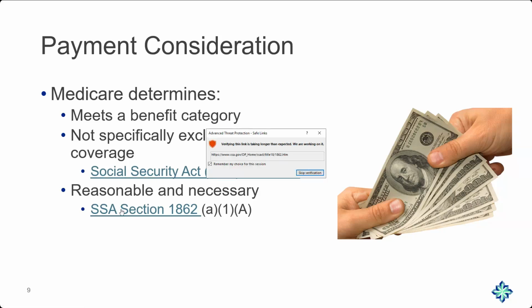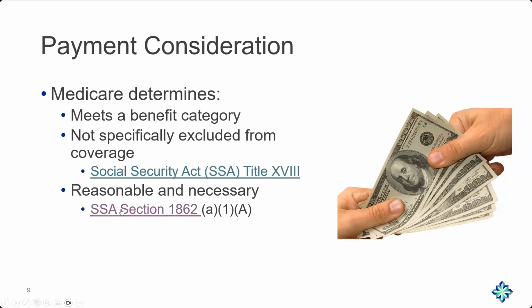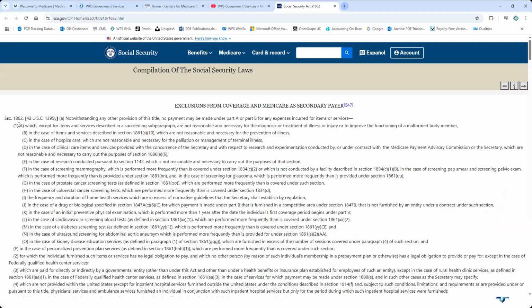I just used the verbiage Social Security Act, section 1862. Then I get this brought in and I read: here's A, notwithstanding, which is why we say all the other provisions. Then you go to 1A, which excludes items and services described as not reasonable and necessary. This is what we have to use as our basis, but then we also have to consider everything else.